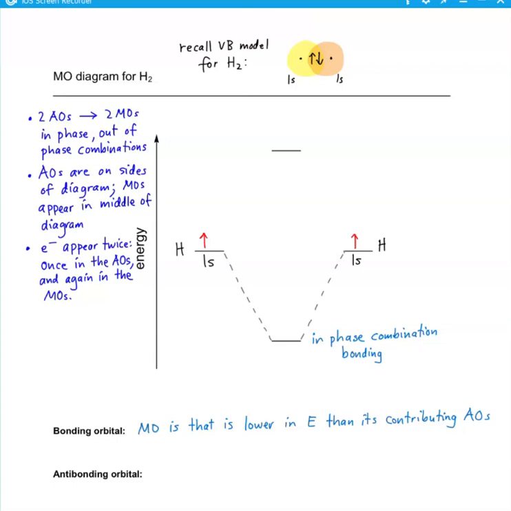So that would be the line at the top. Again, we typically draw dashed lines to connect the molecular orbital to the atomic orbitals we use to create it. So up at the top here is our out-of-phase combination.